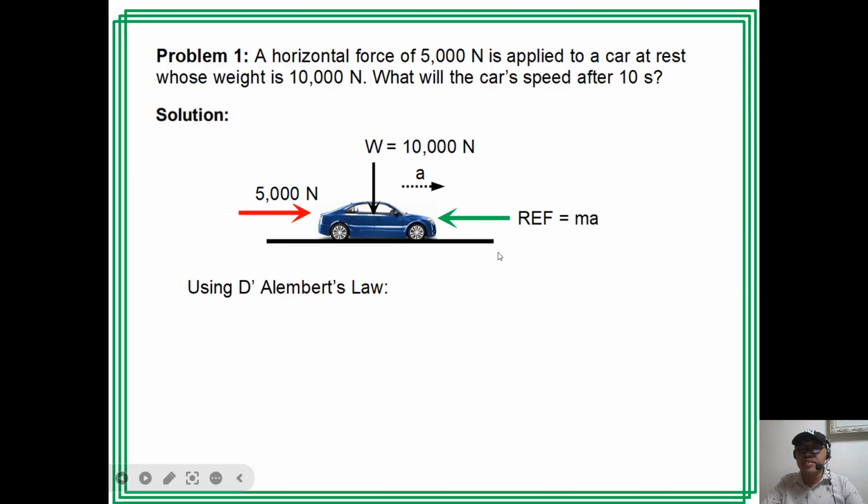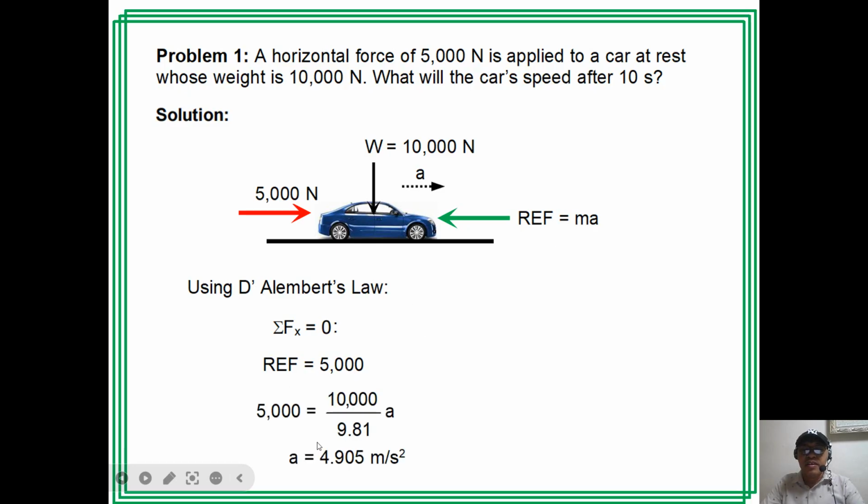Summation of forces along x: REF equals 5,000. But REF is mass times acceleration, so the acceleration is equal to 4.905 meters per second squared. Then we have the equation for the motion of the car. V1 is 0, and we can solve for the final velocity: 49.05 meters per second.